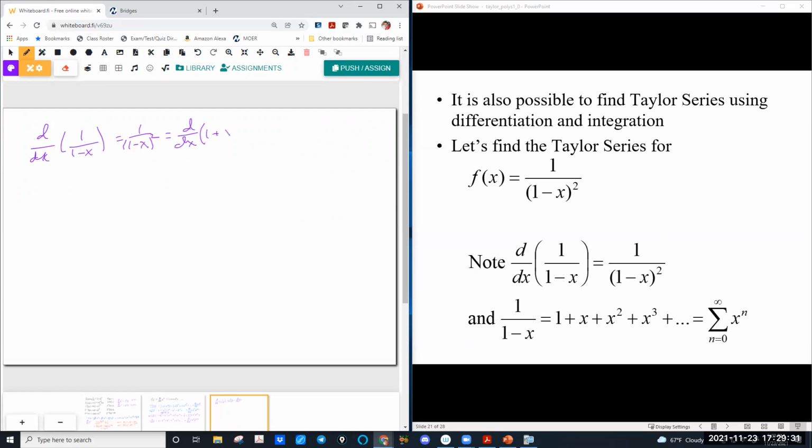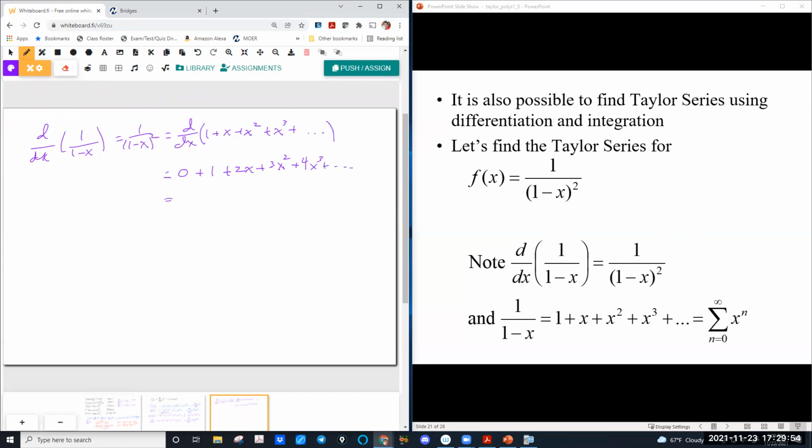So 1 plus x plus x squared plus x cubed plus dot, dot, dot. Very similar. We just take the derivative term by term. So we end up with 0 plus 1 plus 2x plus 3x squared. Next one will be 4x cubed plus dot, dot, dot.